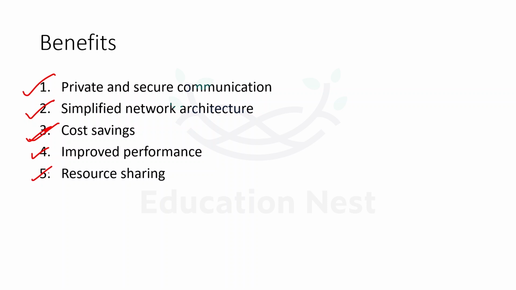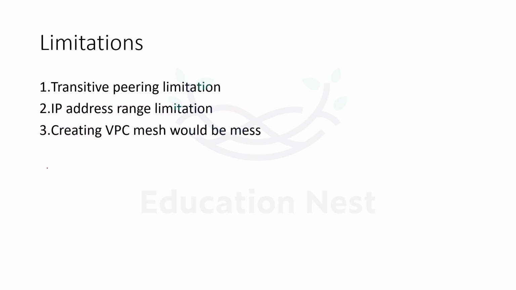So it seems all green right now, correct? But there are some disadvantages as well for VPC peering. What are those disadvantages? Let us understand the limitations. First, the transitive peering limitation.